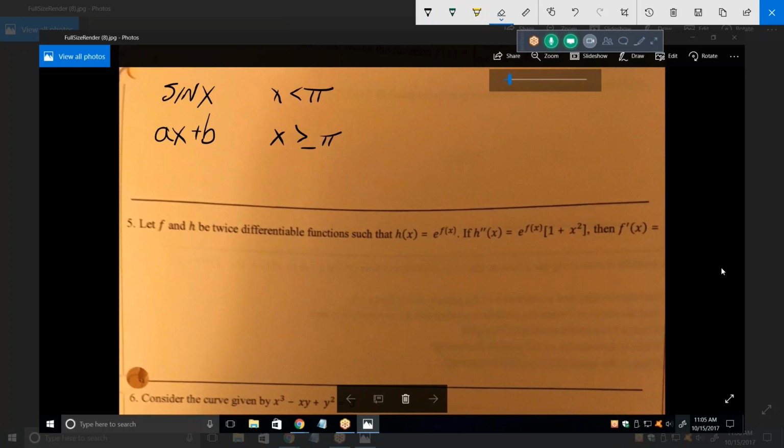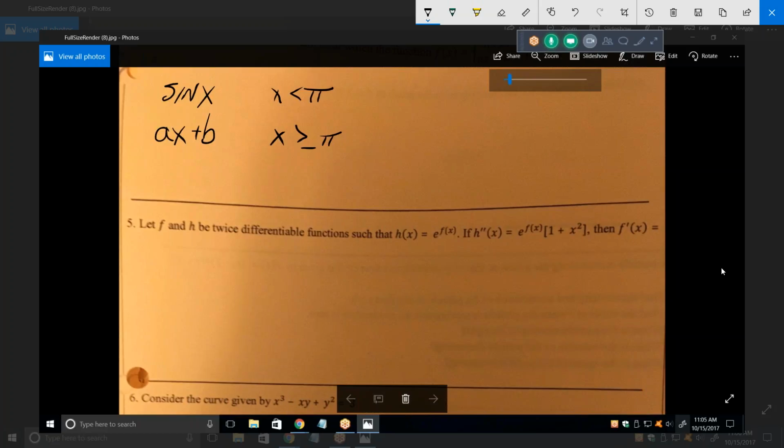So we have a piecewise function, and it's sine x whenever x is less than pi, but it's ax plus b, a straight line, whenever x is greater than or equal to pi. Okay, and what is the question again?